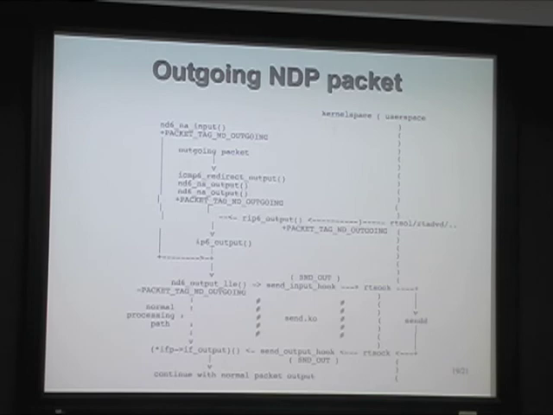What I mentioned so far are redirects, neighbor solicitations, and neighbor advertisements, and what is left are router advertisements and router solicitations, because as I've said before, they're not handled completely by the kernel. So we're taking them at different places before they go to the router advertisement and router solicitation daemons.